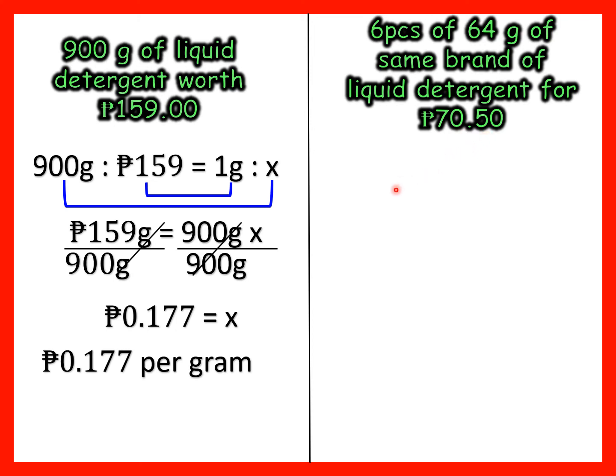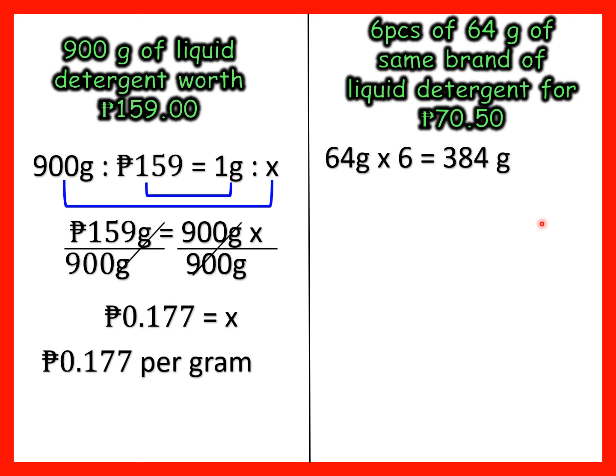So let us now write a proportion for this relationship. The first antecedent is 384 grams, and its price is 70 pesos and 50 centavos. On the other side, the first antecedent is 1 gram and the consequent is x, since we are going to find how much will be the amount for 1 gram.